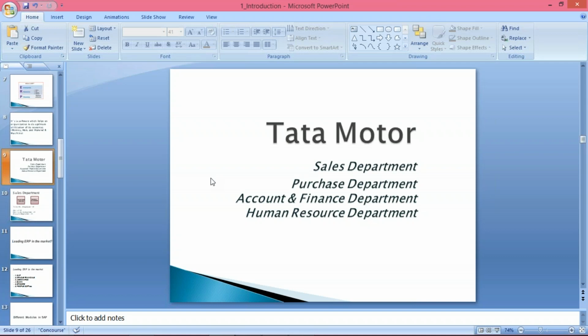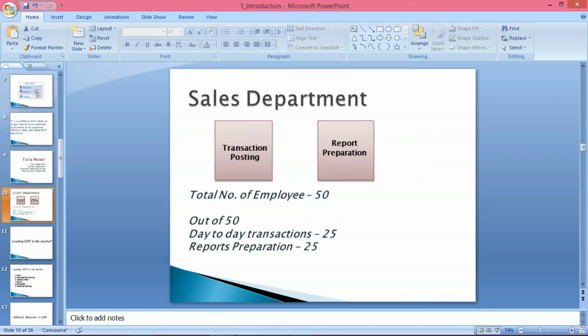Apart from these there are lots of other departments, but I have written only four. These are the major departments of any organization: the sales department, purchase department, finance and accounts department, and human resource department, that is the HR department. Take the example of any department; I have taken the example of the sales department.